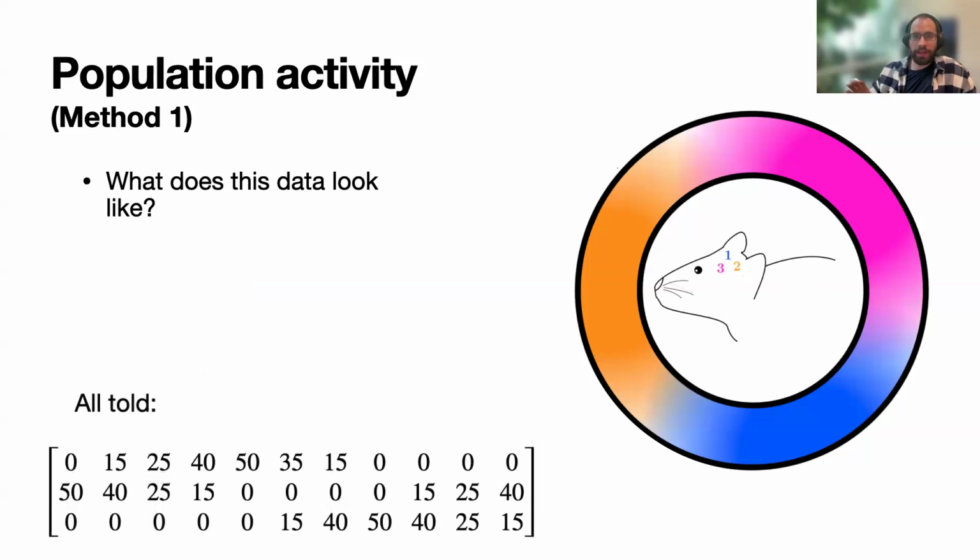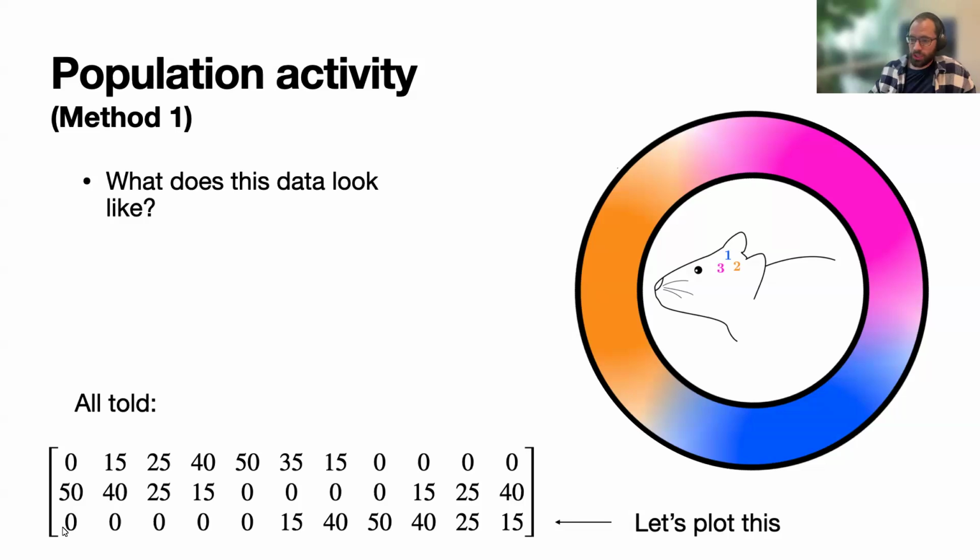And all told, I get a time series or a series of time series. Each row here is the activity of a single neuron through time, and each column is the population activity at a particular point in time. Now I set this up in such a way that I only had 3 neurons, and so this matrix is amenable to just plotting.